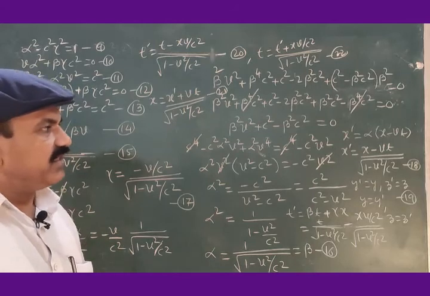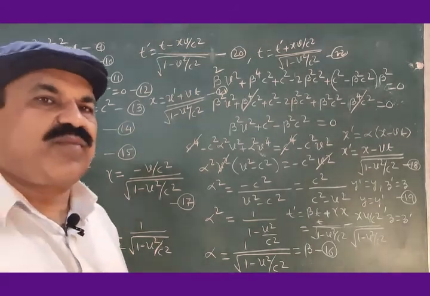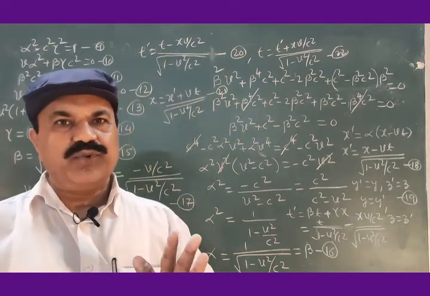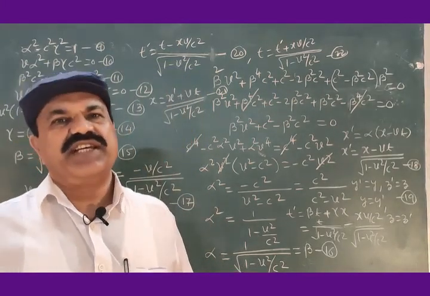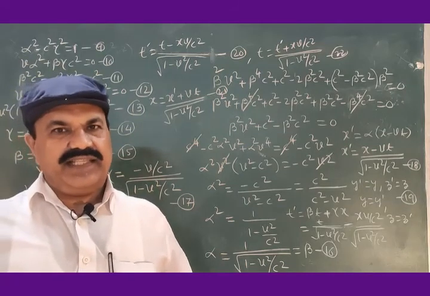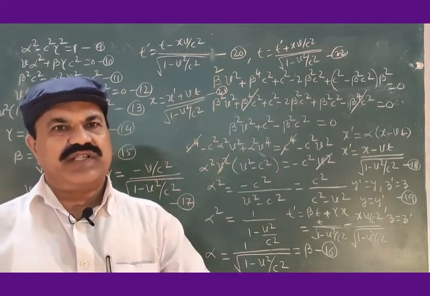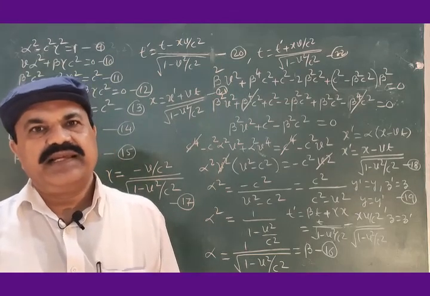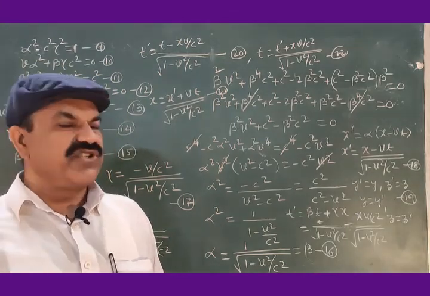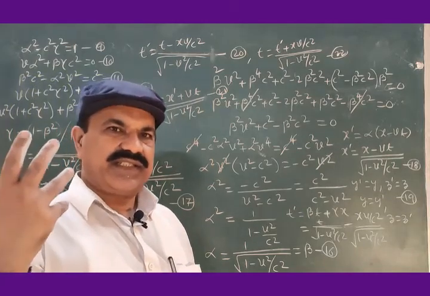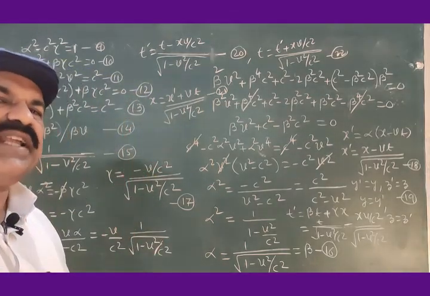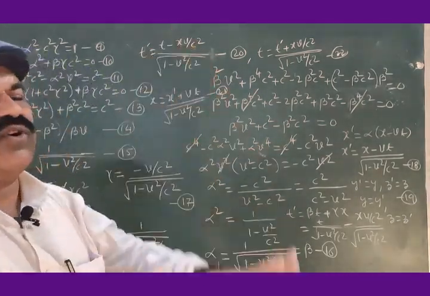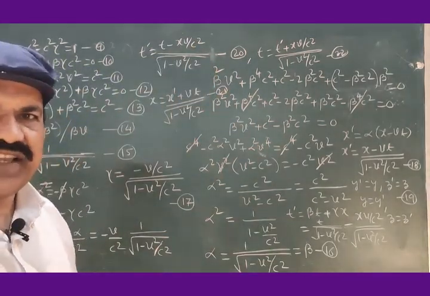This way we have obtained the Lorentz transformation equations starting with the two frames of reference S and S prime. The theoretical base needed was explained to you in the earlier lecture. Then starting with the equation we obtained, equation number 8, and observing and manipulating the equations, we got equations 18, 19 and 20 for the Lorentz transformation equations.